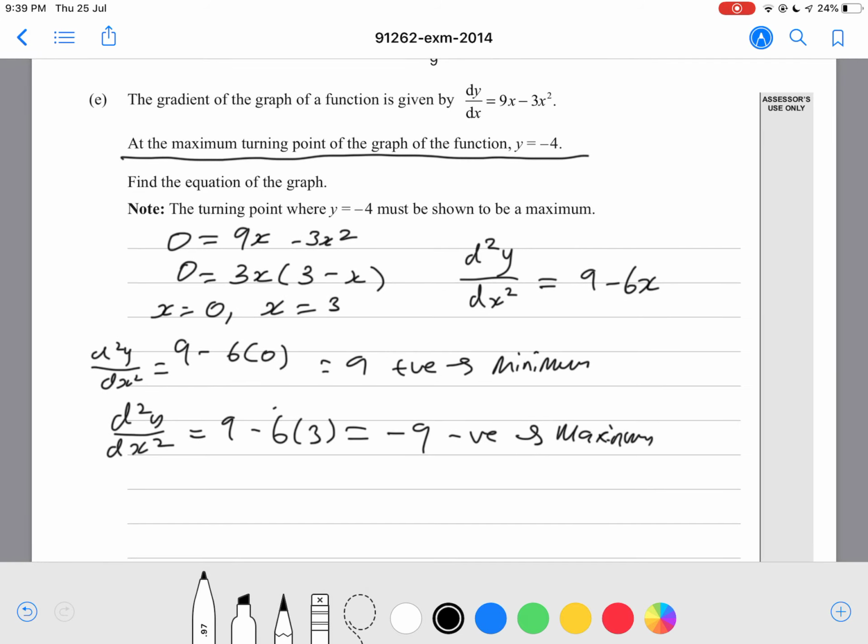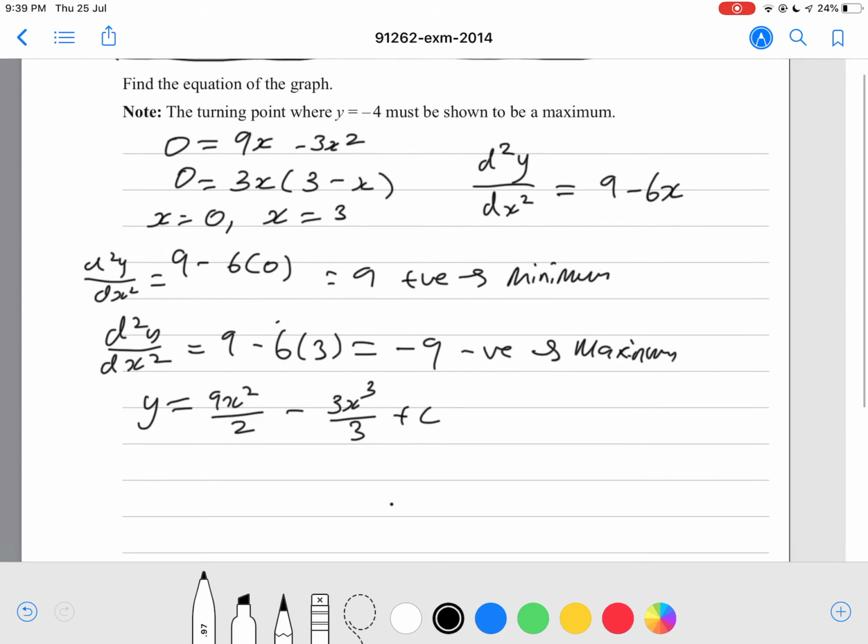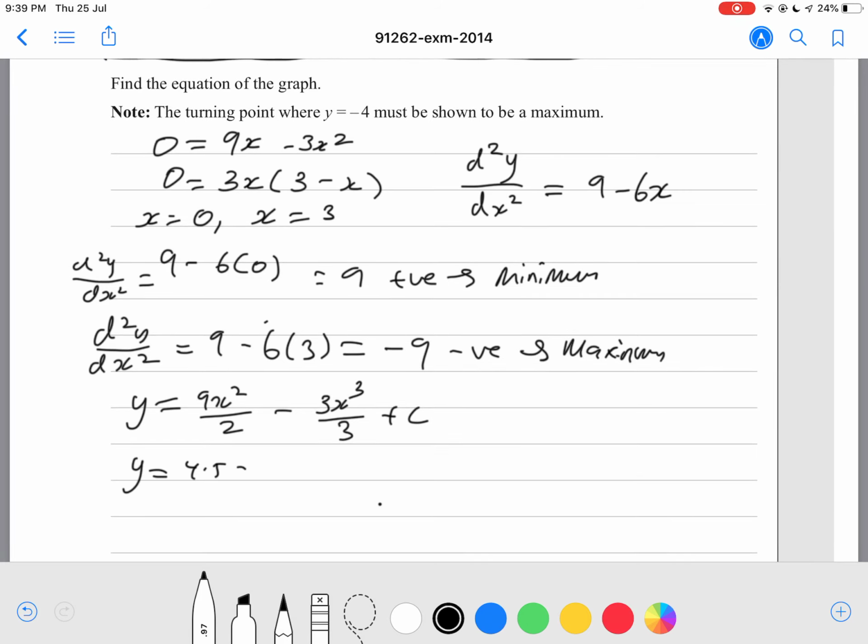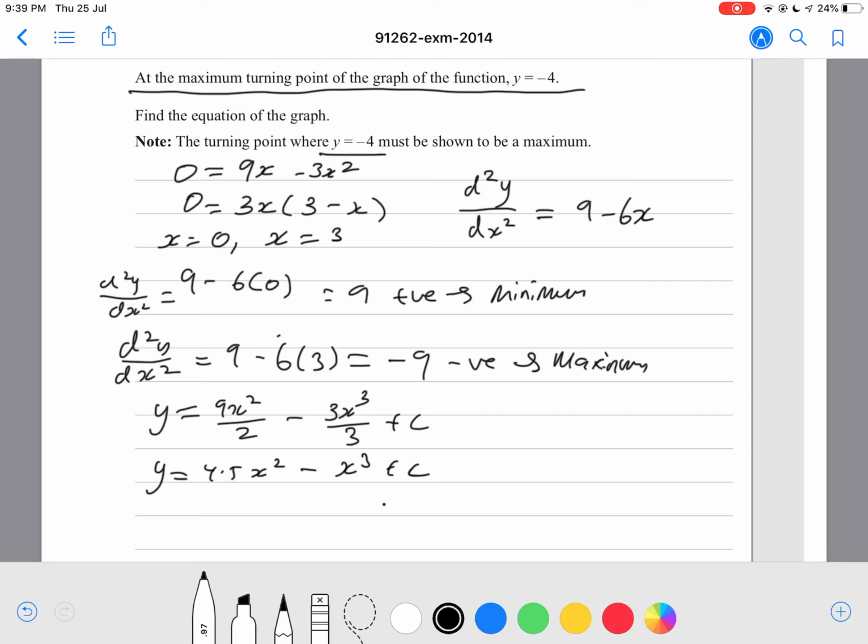So now that we've proved that when x equals 3, that is our maximum, we can now integrate. So now we can say that y equals 9x squared divided by 2 minus 3x cubed divided by 3 plus c. So y equals 4.5x squared minus x cubed plus c. Alright, so now we substitute the turning point.